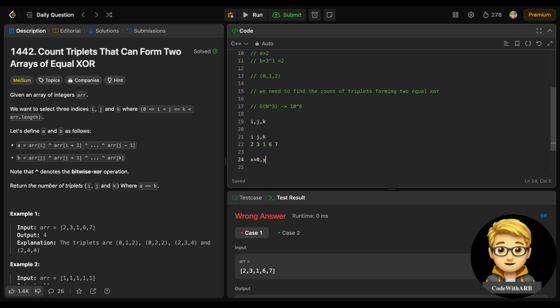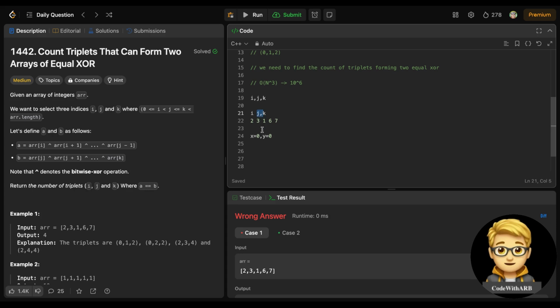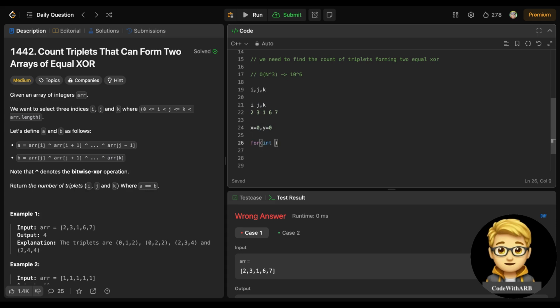And we will start from i till j minus 1. So what is j here initially? J can be initialized to i plus 1, because whenever i stops, j should start from there, right? So I start incrementing from i equal to 0 to n minus 1.